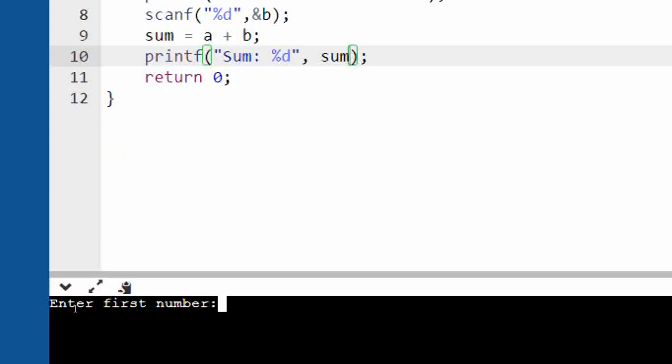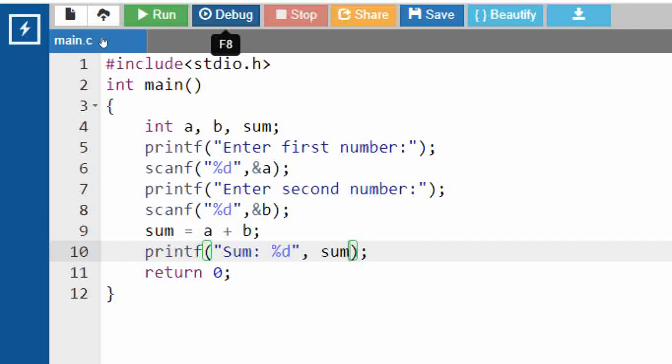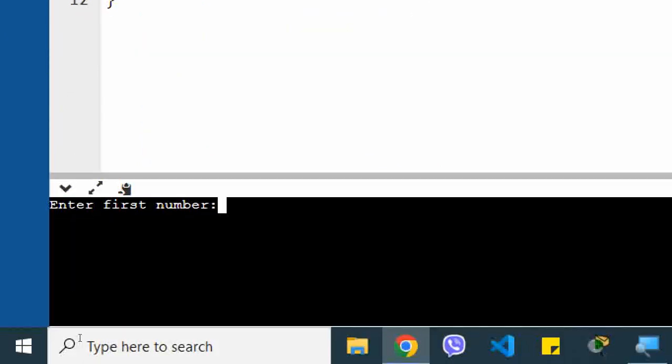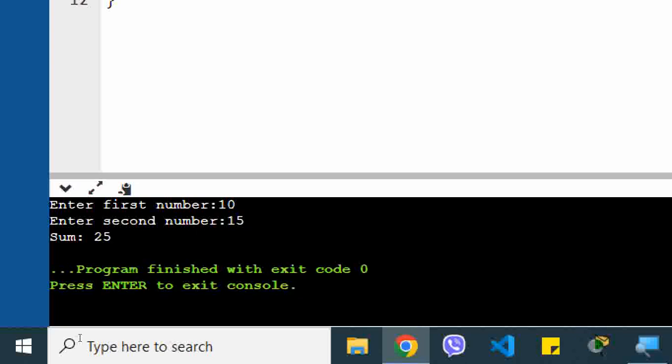When you run it, enter the first number, say 2, and the second number, 4. So the sum is 6. The same program can be used for other numbers also. The previous one was only for the fixed numbers 1 and 2. This can work for other numbers also, so the sum is equal.